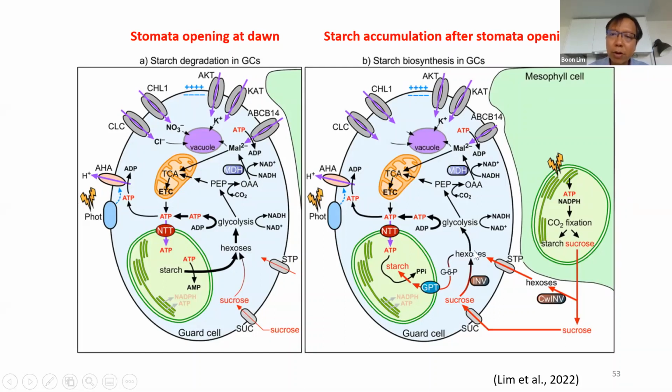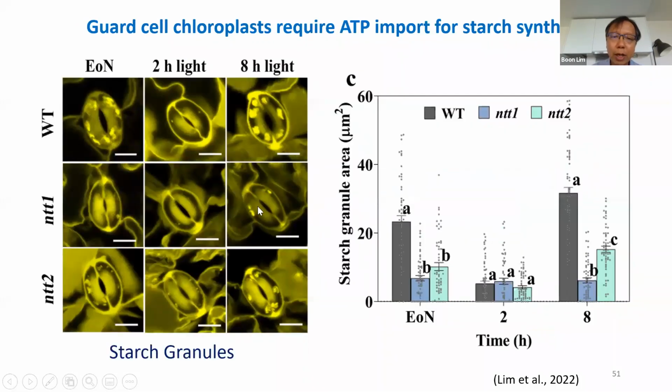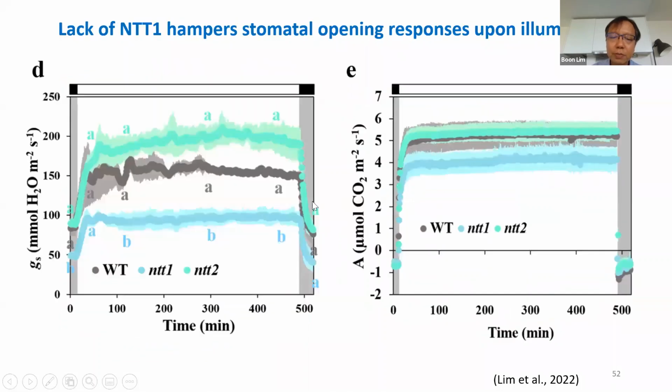Not only does it generate sugar, the hexose can generate G6P, which can be imported into the guard cell chloroplast as a carbon skeleton. At the same time, ATP generated from the mitochondrion can be imported into the guard cell chloroplast, and then the ATP and the carbon can help starch synthesis. So if there is no NTT, there will be much less starch synthesis.